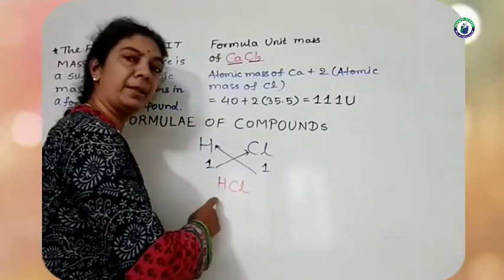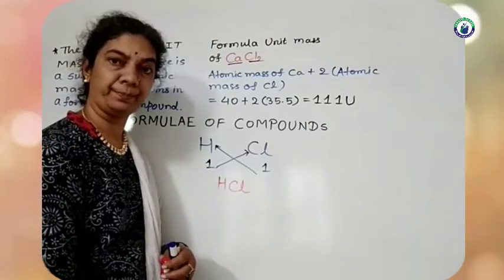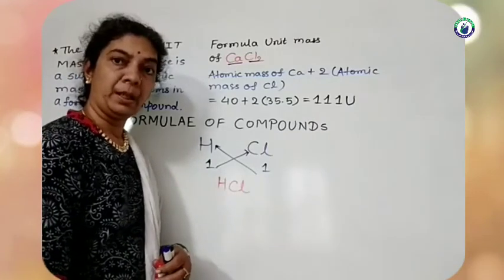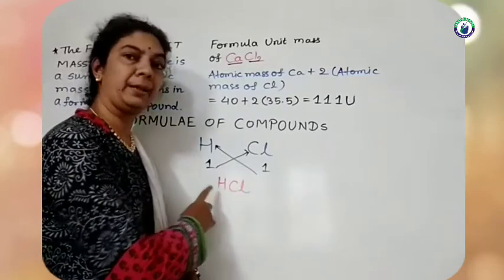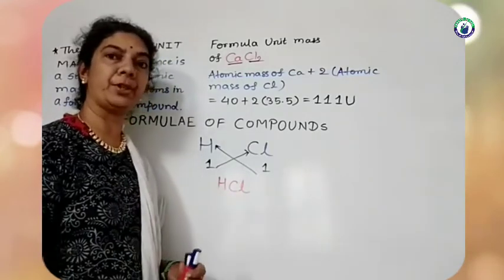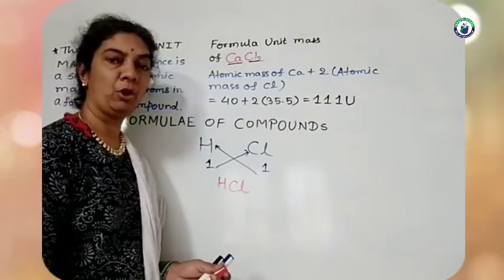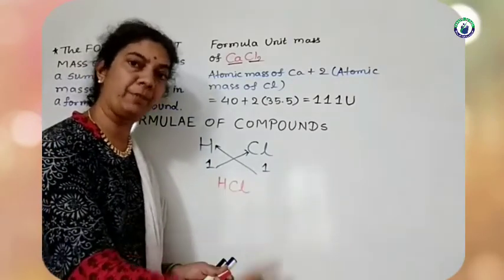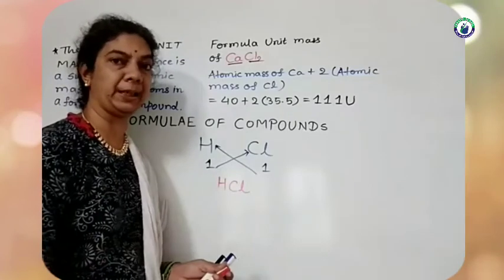For writing the name of this binary compound, the rule we are supposed to follow is that first we will write the name of the element which is written on the left hand side, or which is having the positive ion. That we will write as it is.